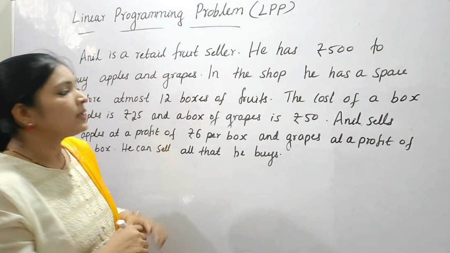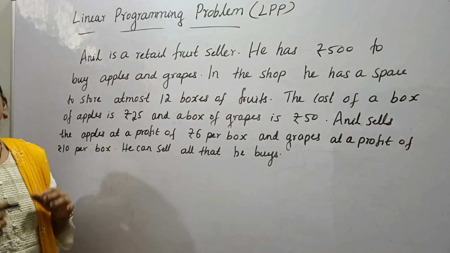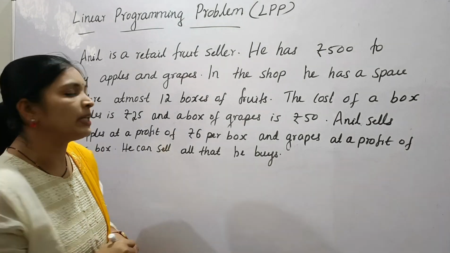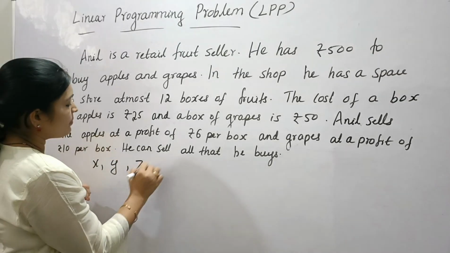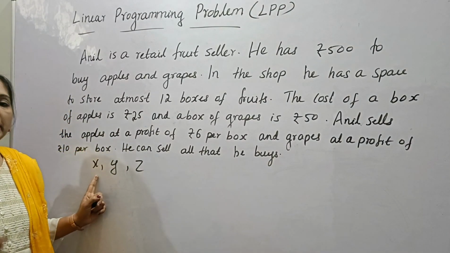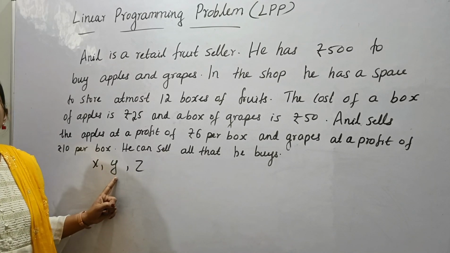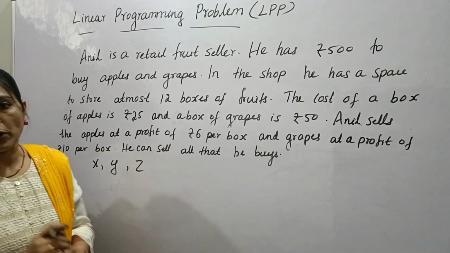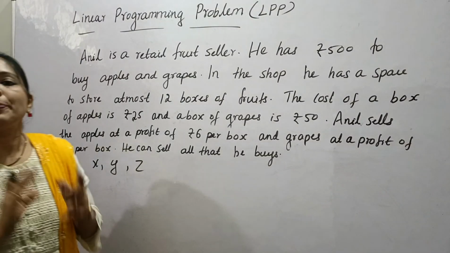So let x be the number of boxes of apples, y be the number of boxes of grapes and z be the profit. First of all, let's write the profit.